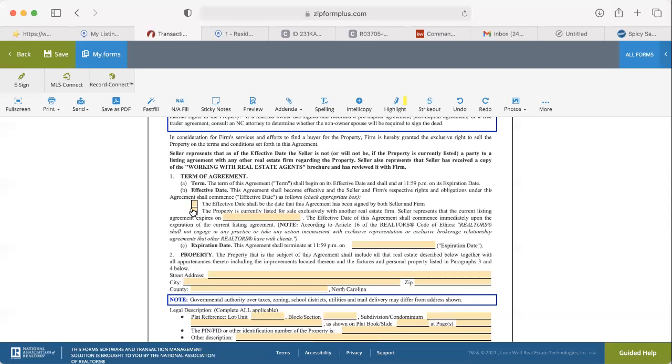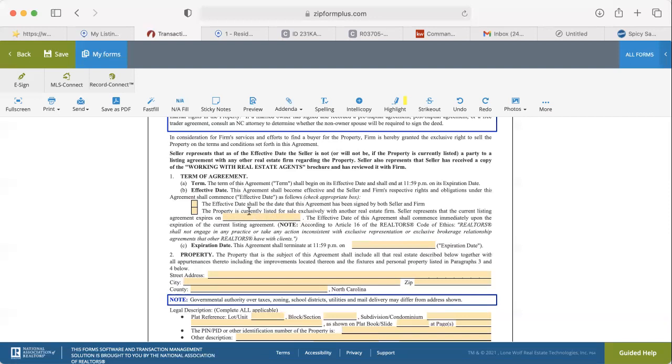So the idea here is that the day that the seller signs it should be the same day that the agent signs it. And then there's another box here that you could check if this is the case. And that is, let's say the property is already listed with another firm and it expires on Friday night, for an example.